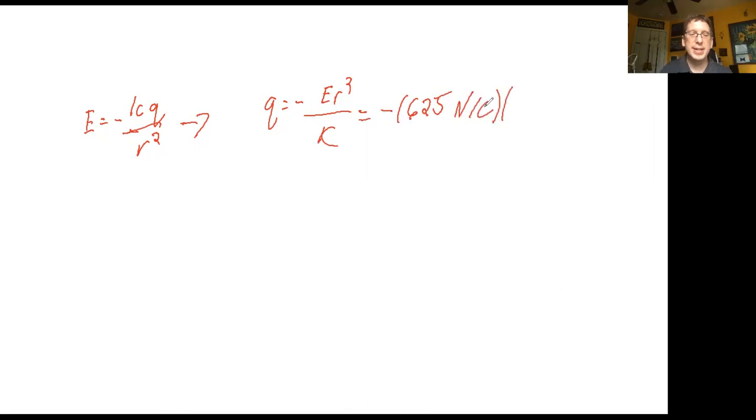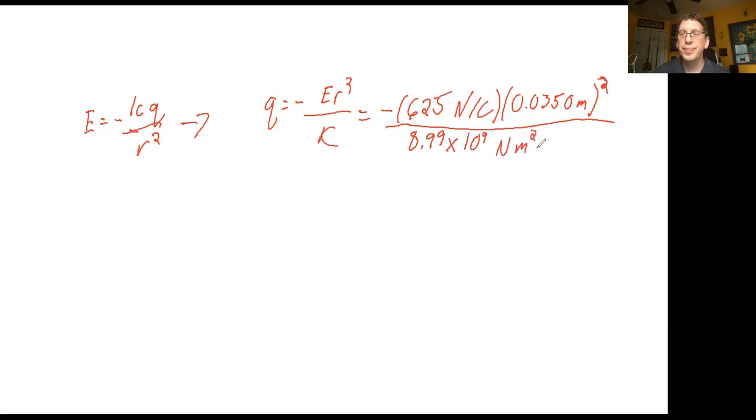The sphere is 3.50 centimeters in radius. So in SI units, that's 0.0350 meters, and that's squared. And you're dividing that by K. So K is, to 3 significant figures, 8.99 times 10 to the 9 newton meters squared per coulomb squared.